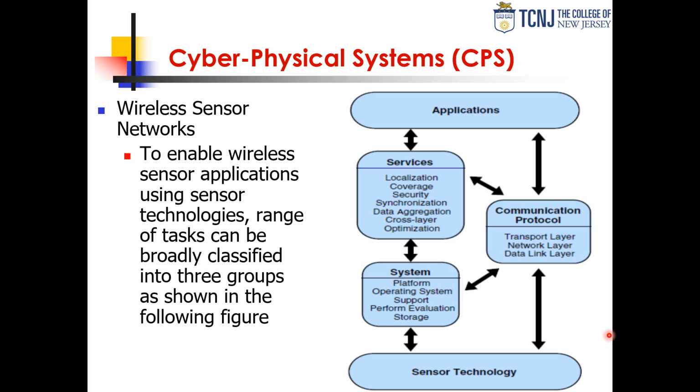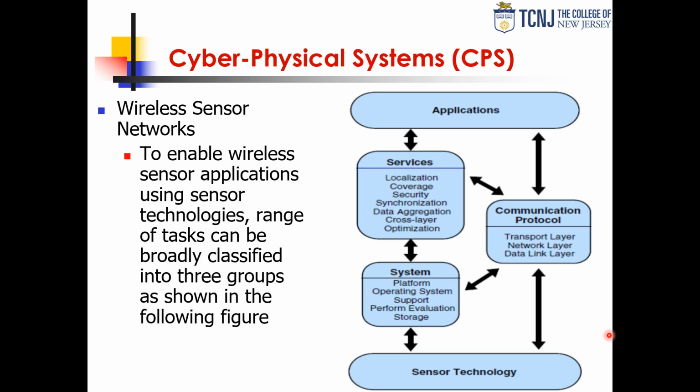One is the actual communication protocol, the part of the software that deals with the communication protocol, mainly described by the functionality of the OSI model of the data link layer, the network layer, and the transport layer.